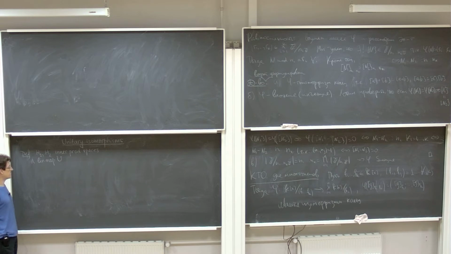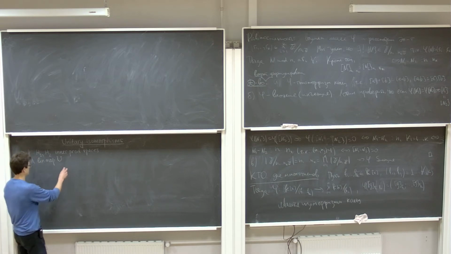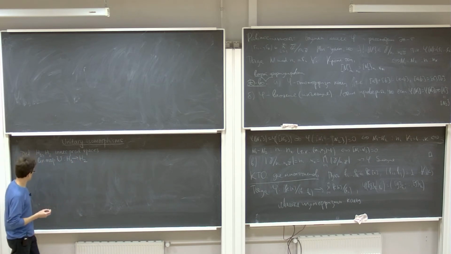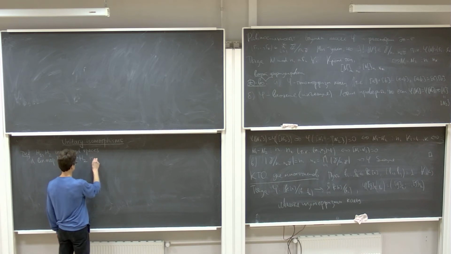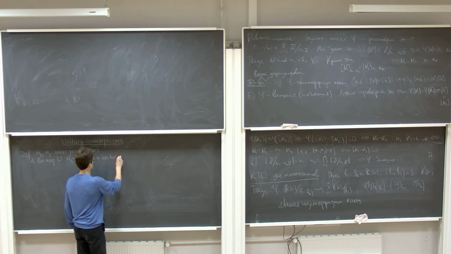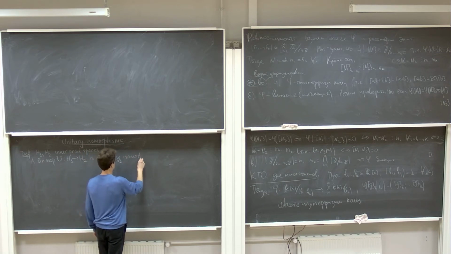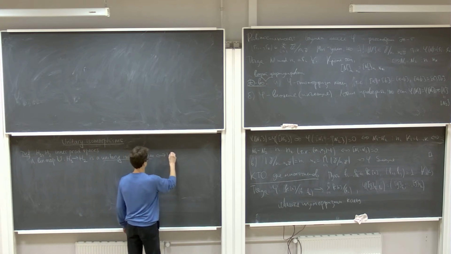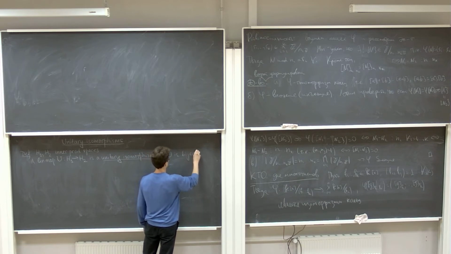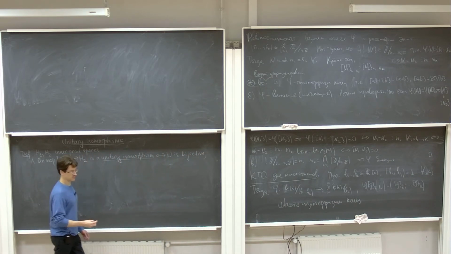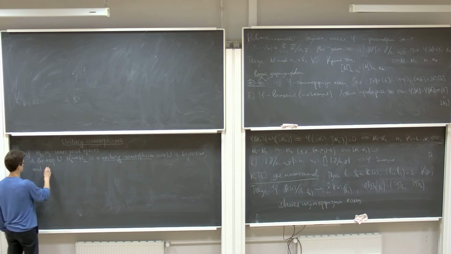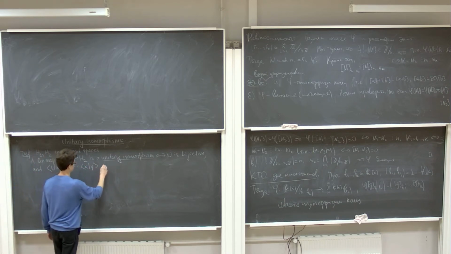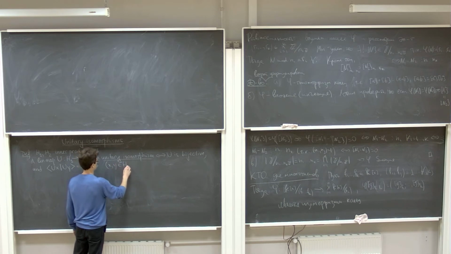So if H1 and H2 are inner product spaces, and if we have a linear map U from H1 to H2, then we say that U is a unitary isomorphism if it is bijective and preserves the inner product in the sense that the following formula holds for each x and y in H1.